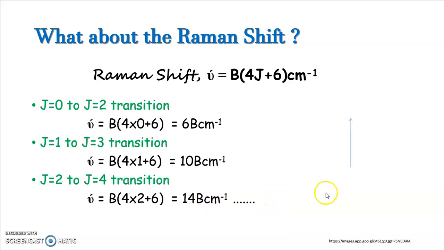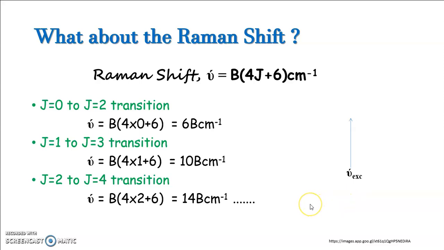Thus, with respect to an incident frequency or wave number, nu bar excitation, where nu bar excitation means the radiation used for the excitation process, there will be a Raman shift in two directions for the different cases of scattering.